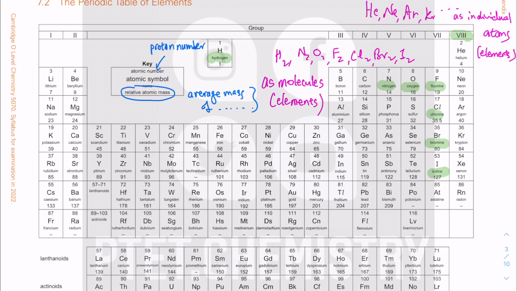So this is 1, this is 4, this is 7 and 9, so there's an increase of 3, and then an increase of 2, and then 1. So it's unpredictable looking at the mass number, because the periodic table is arranged in the order of proton number and not mass number, even though the mass numbers seem like they're increasing all the time as well.